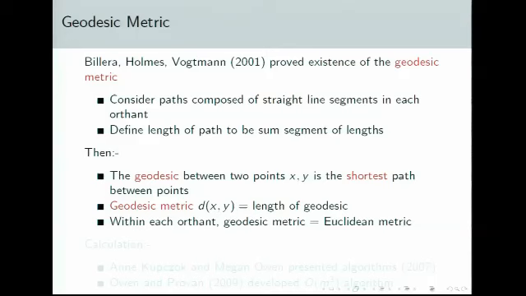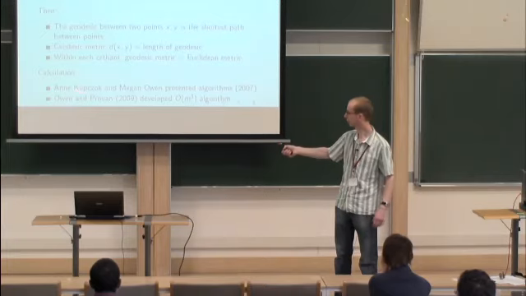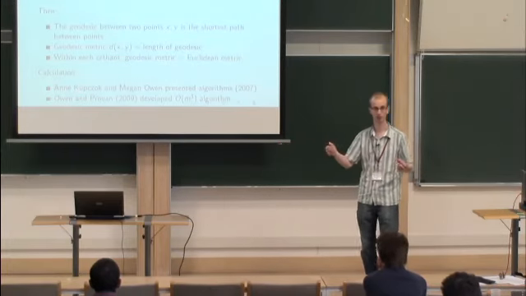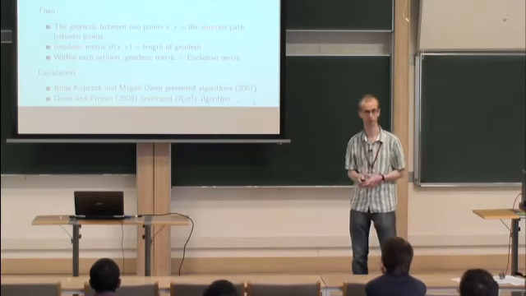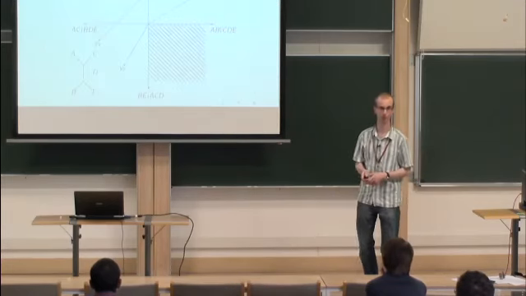Previously, at the last workshop, 2 people presented algorithms for calculating this distance, because it's quite a tricky thing to calculate. Since then, Megan Owen has developed an order m cubed algorithm for working out the geodesic distance, where m is the number of taxa. There's a picture of a couple of geodesics.